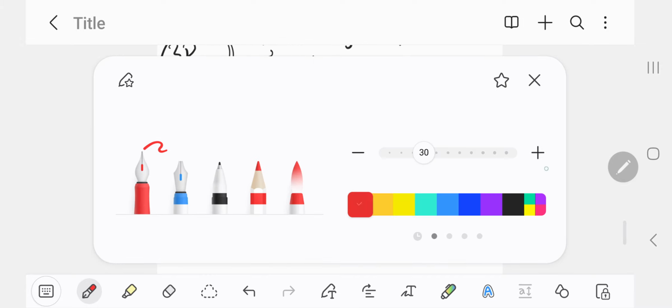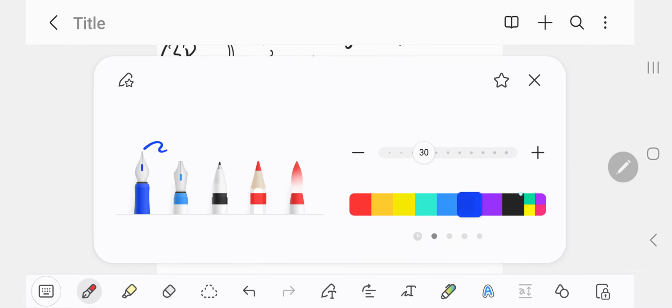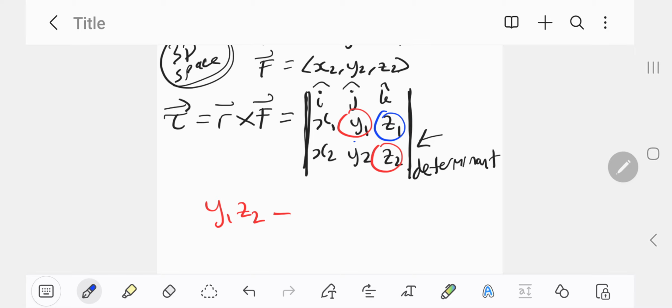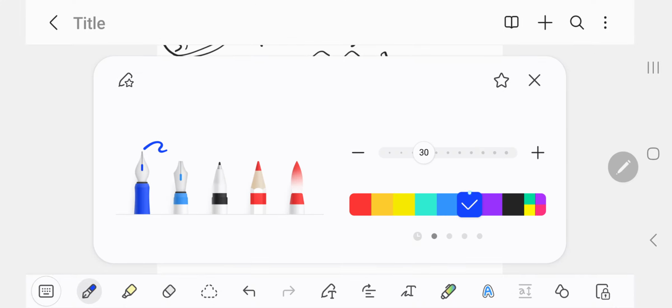And I'll highlight as I go along just to make it easy for you. Use different colors, I color code it. So you do y1, z2, you multiply these together, just straight multiplication, minus z1, y2, like so. Put brackets around them. And then it's minus, it's getting a bit messy here.